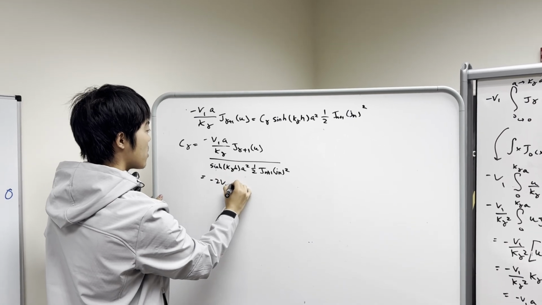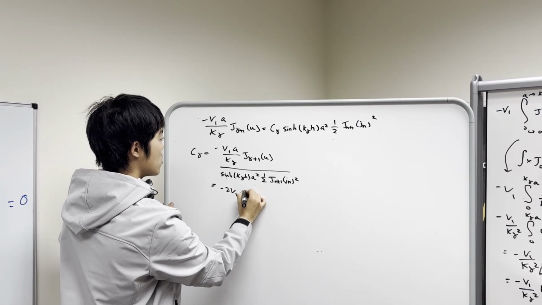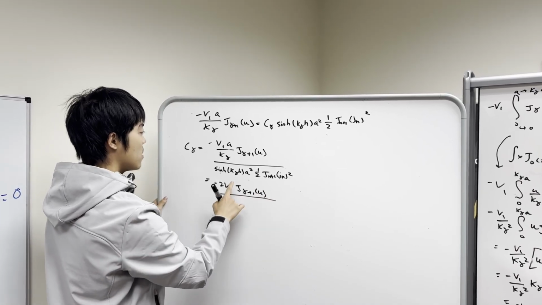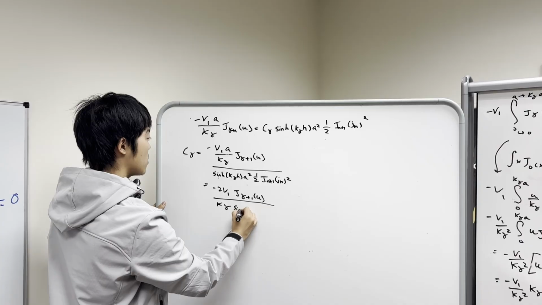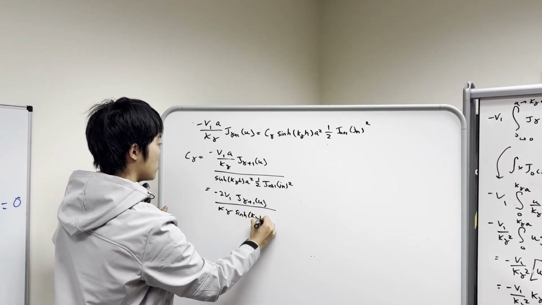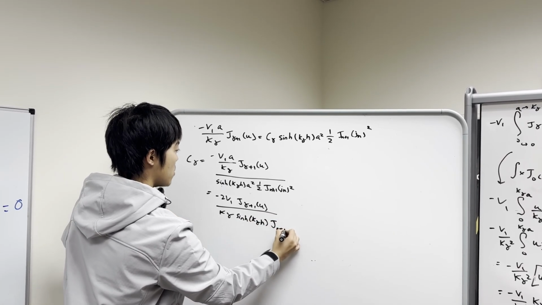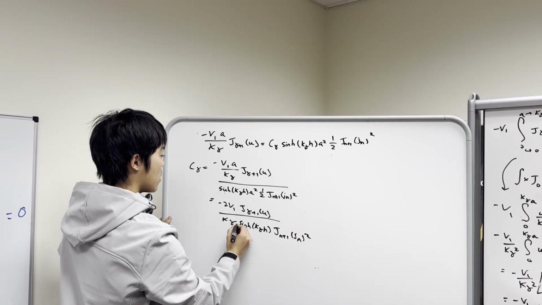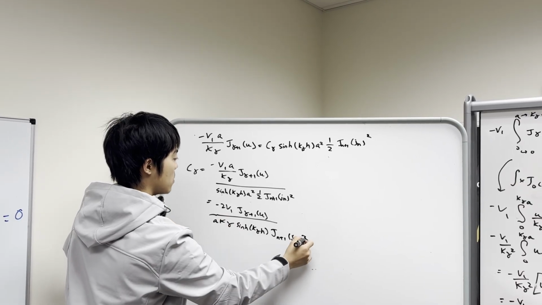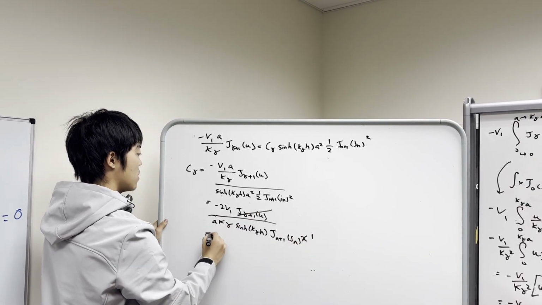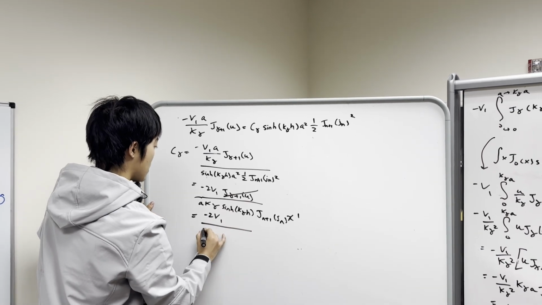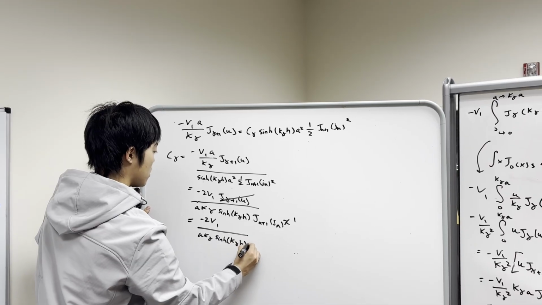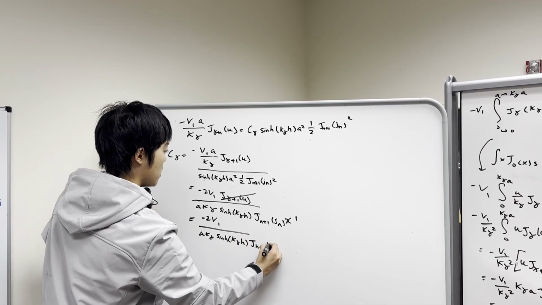But negative 2V1 J gamma plus 1 u over K gamma, and then sinh of K gamma h Jn plus 1 Jn squared, and this cancels with this. We have the a here still. So this becomes 1, and this cancels. And we get negative 2V1 a K gamma sinh K gamma h Jn plus 1 Jn.